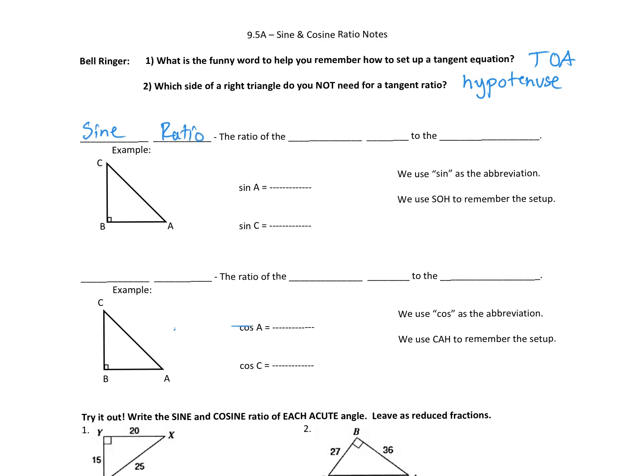The sine ratio is the ratio of the opposite leg to the hypotenuse. Or in this case, we say SOH, so, opposite over hypotenuse.